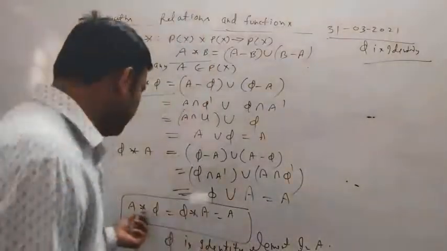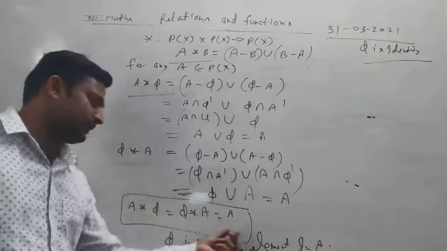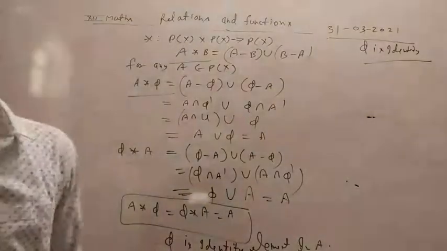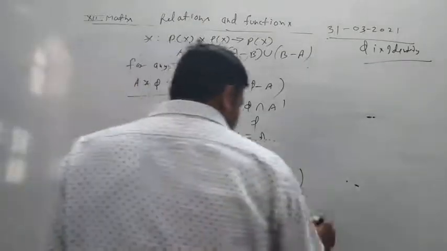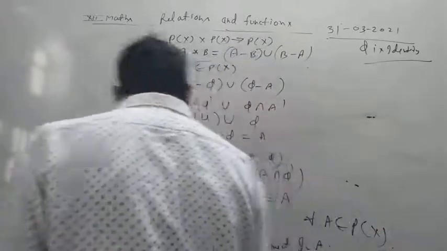So we are seeing from here that A star E is equal to A, so our phi is E, that is, our phi is the identity element, for all A belonging to P of X.